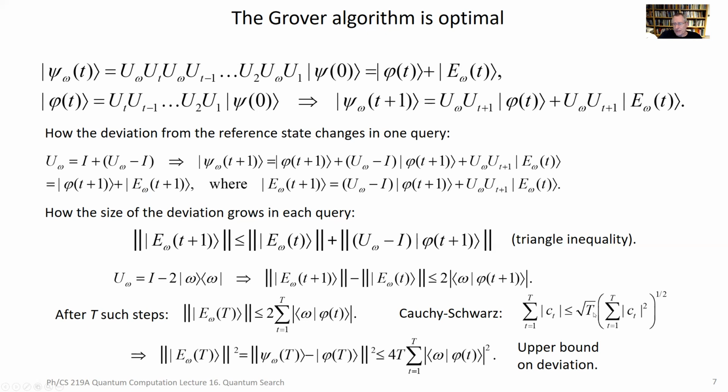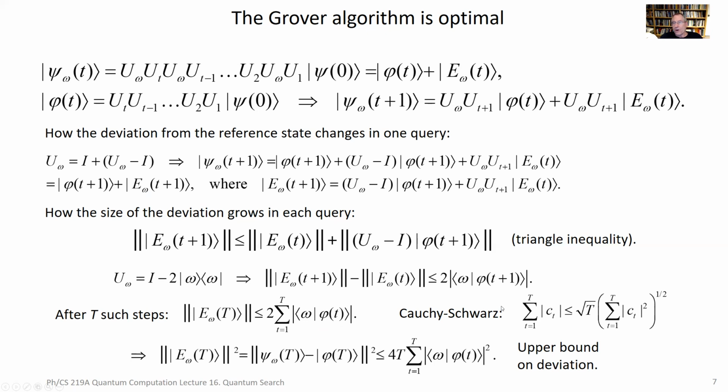I had this square root of T that gets squared to become T. And then what's left is the sum of the squares of these overlaps, the sum of this absolute value squared of the inner product of omega with phi of t, okay? Summed over little t from 1 to capital T. So now we have an upper bound on the deviation at capital T steps, the deviation of the case where we include the queries from the case in which we don't include the queries.